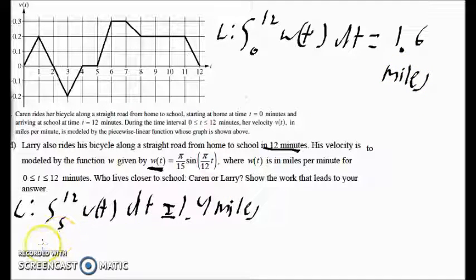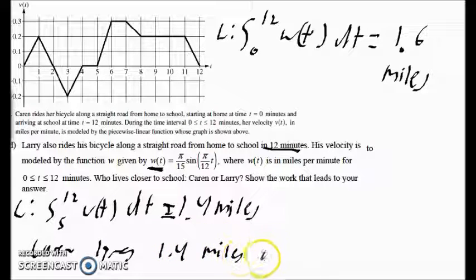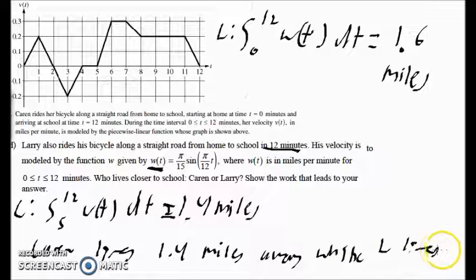So because Karen lives closer, Karen lives closer because she lives 1.4 miles away, while Larry lives 1.6 miles away. I'm kind of running out of room. So Karen lives closer.